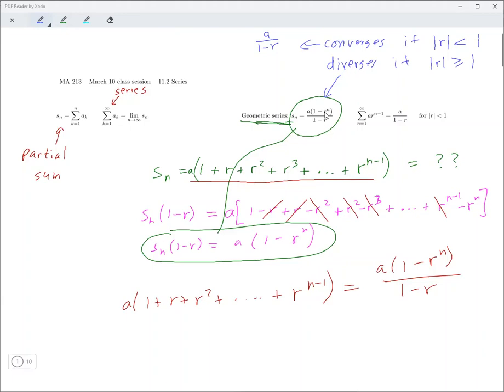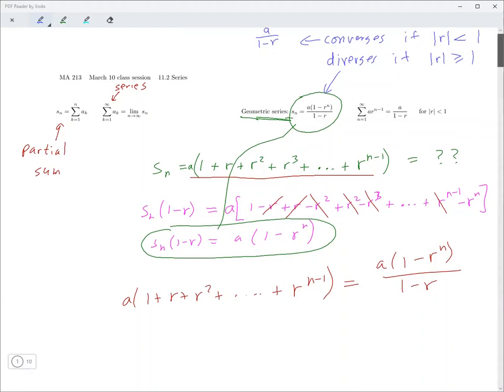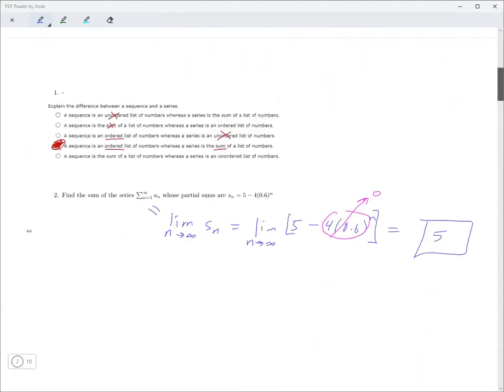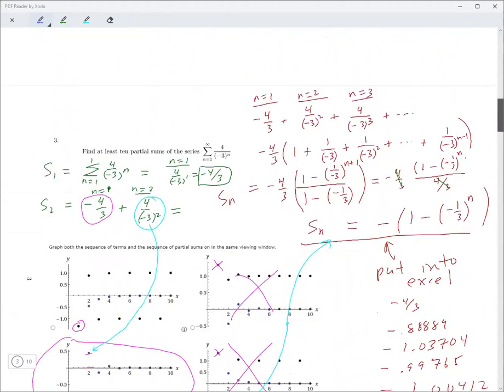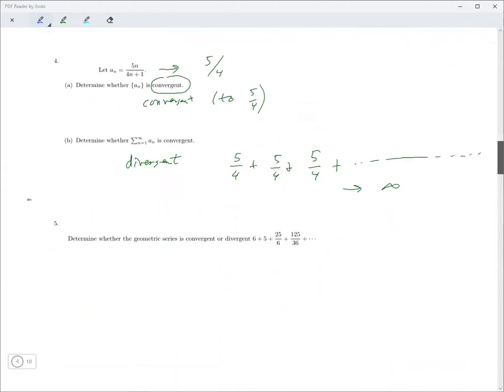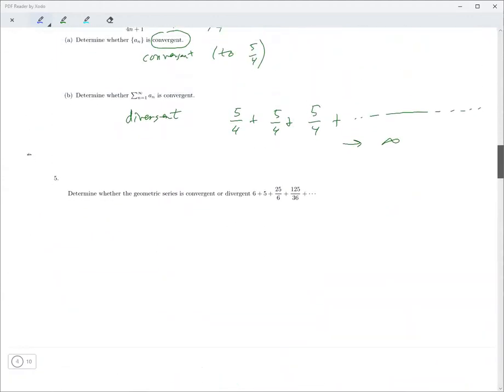If it's equal to negative 1, then it's bouncing back and forth between 1 and negative 1, and this is not going to converge, so it diverges also. You want the absolute value to be less than 1 in order for it to converge.